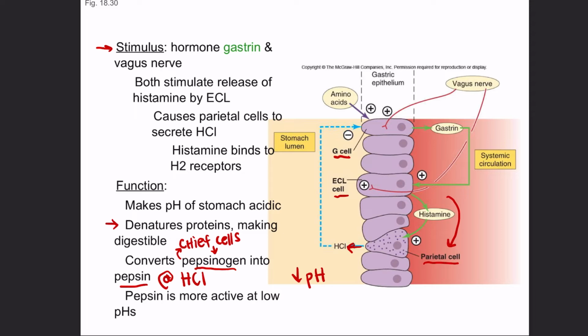So pepsinogen is converted into pepsin with the introduction of hydrochloric acid. And then when we have even lower pHs, pepsin is even more active.